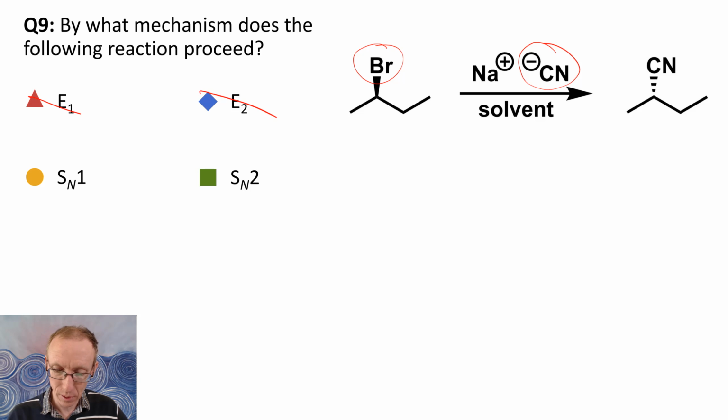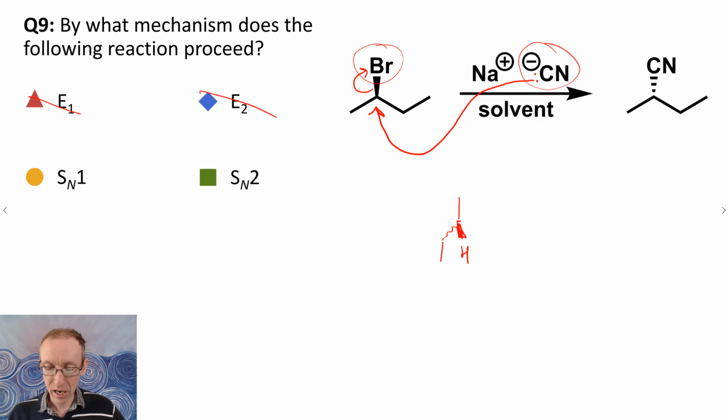In the SN2, we're going to have the nucleophile. If I draw in the pair of electrons there, it's going to attack at the same time as that bromide leaves, and the transition state is going to look like a central carbon atom.